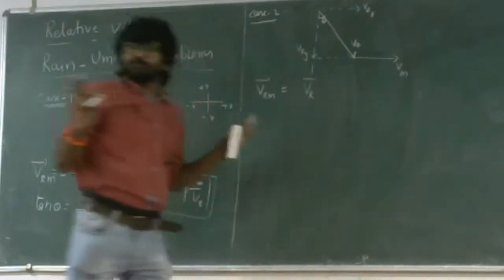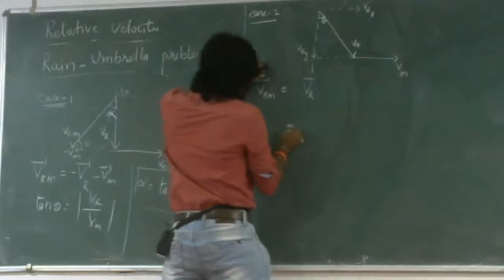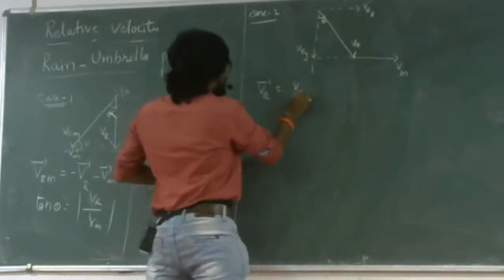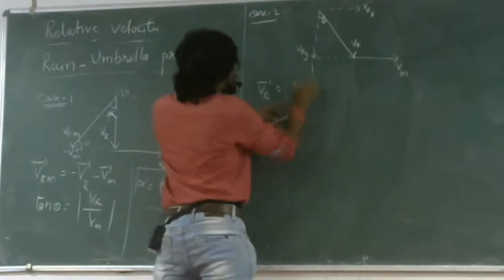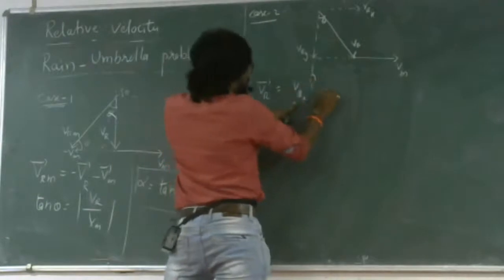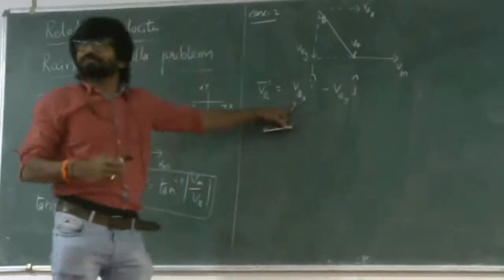Is it okay? VRY and VRX. So first we will take the VR vector is equal to VRX in positive x direction, i cap, and y in negative direction, minus VRY j cap. Can you write like this?